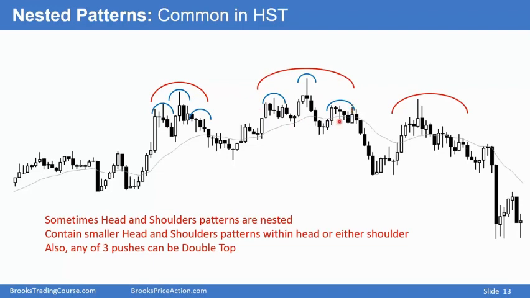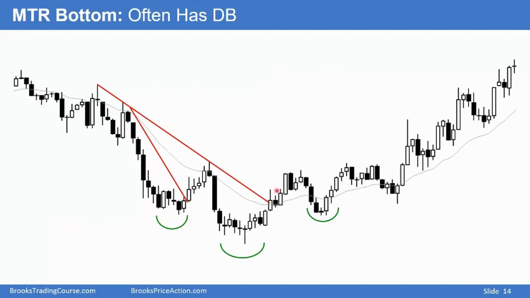So there's a small head and shoulders top nested within the head of a larger head and shoulders top. And the right shoulder itself subdivides into a smaller head and shoulders top. Left shoulder, head, right shoulder. Very common to see nested patterns in head and shoulders patterns. Head and shoulders bottom, left shoulder, head, right shoulder.